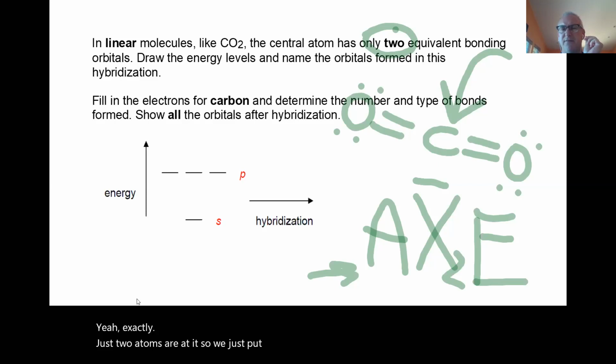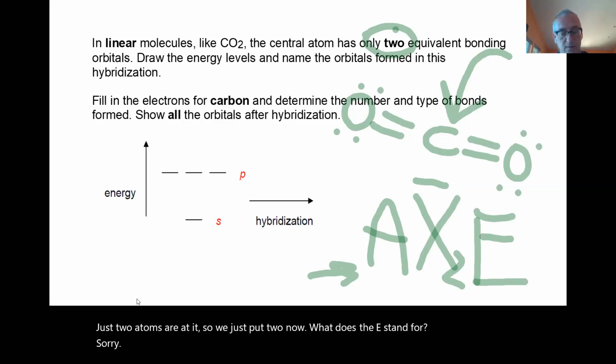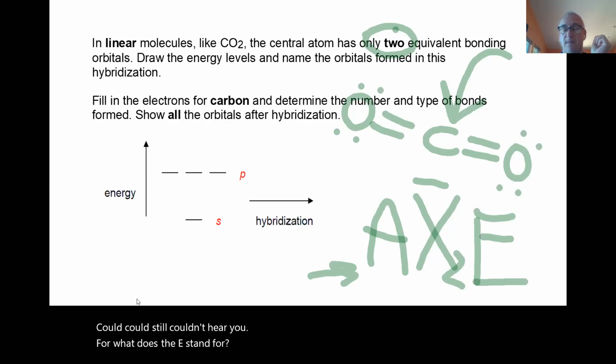Now, what does the E stand for? So A is the central atom.